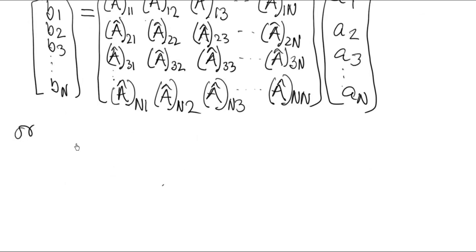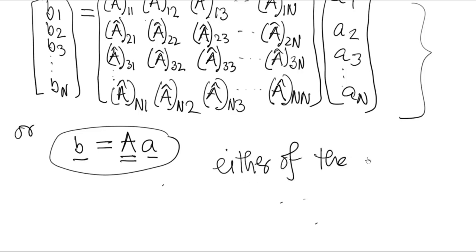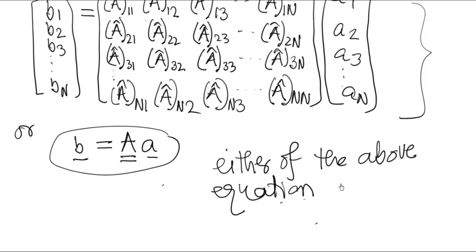We can write this down as B. This equation or this equation, where any one of these is known as the matrix representation of either of the above equations.